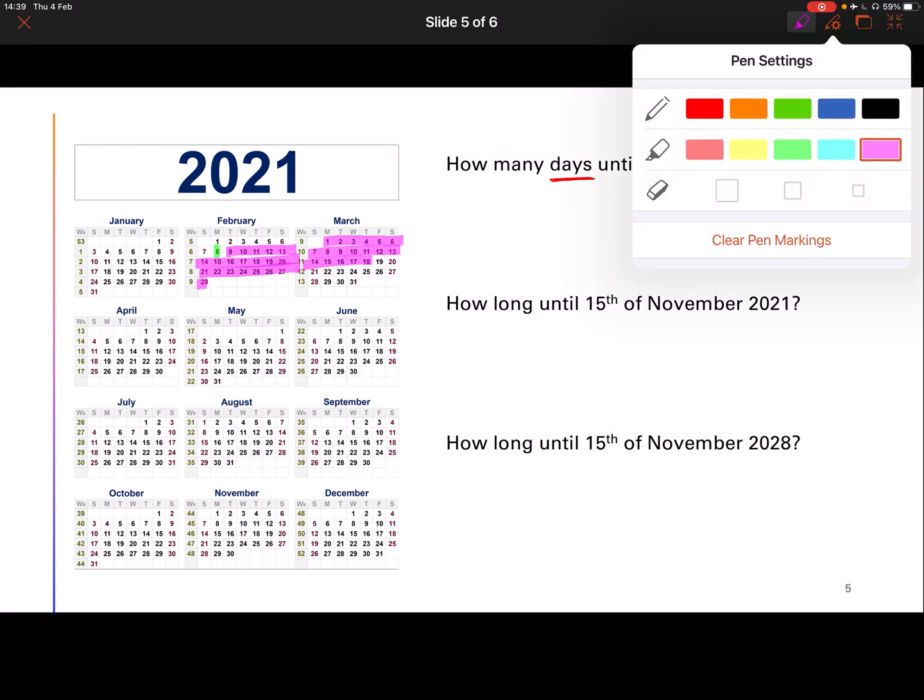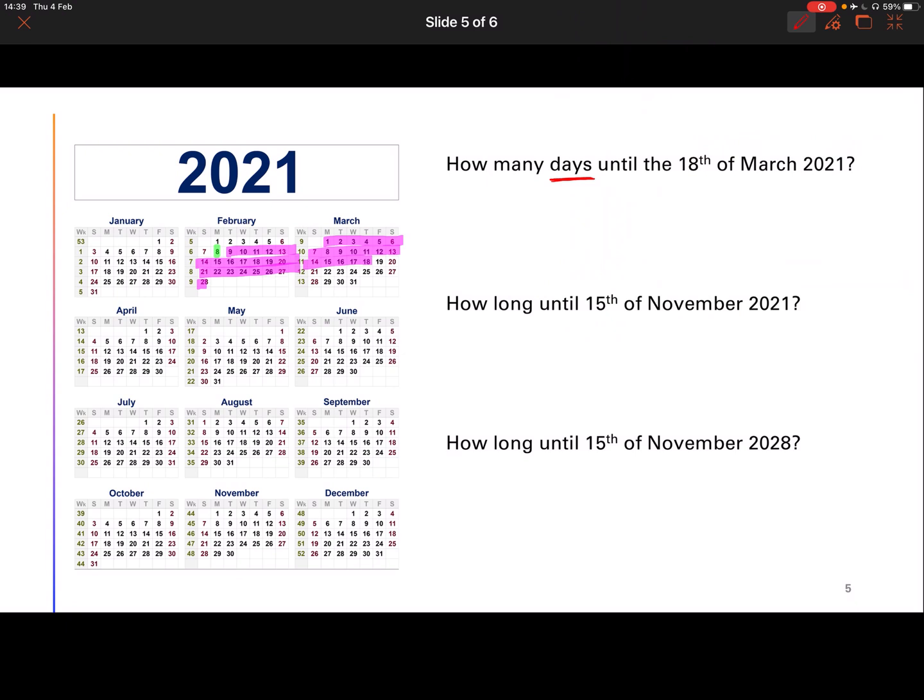So how many days? You've got 2 options here. Option number 1 is you just literally count them. You just go through and you go 1, 2, 3, 4, 5, and you just go on and count. The other option is you say to yourself, well, how much to get to the end of this week? 1, 2, 3, 4, 5 days.